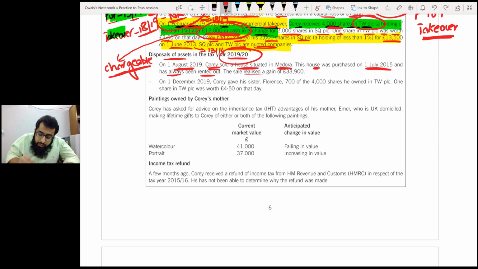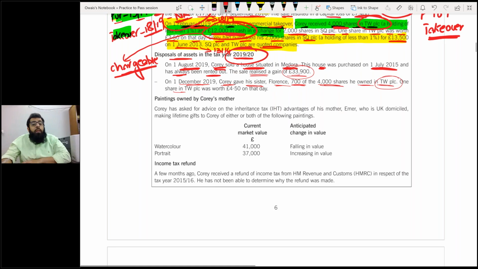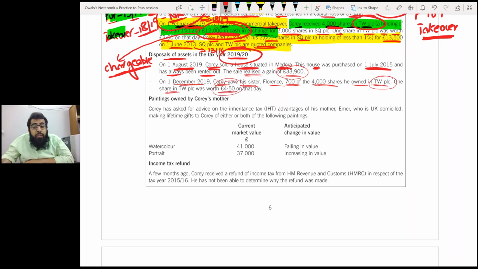The sale realized a gain of 33,900. On 1st December 19, Corey gave his sister Florence 700 out of 4,000 shares he owned in TW PLC. One share in TW PLC was worth £4.5 on that day.